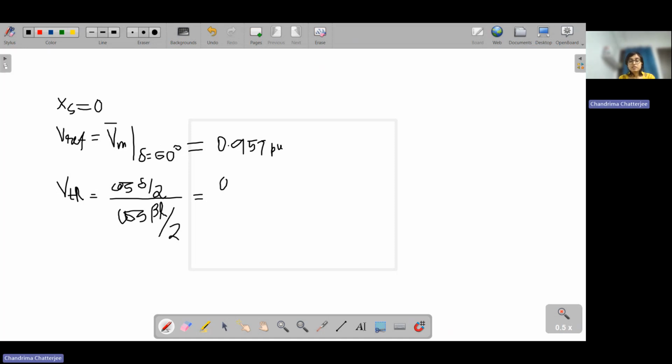This is cos 20 degree by cos 25.14 degree. Because beta L value was 50.28 degree. So beta L by 2 is 25.14 degree. This comes out to be 1.038 per unit.